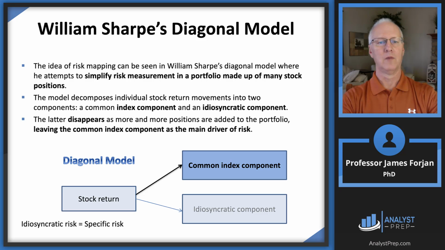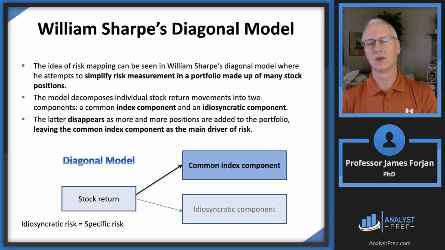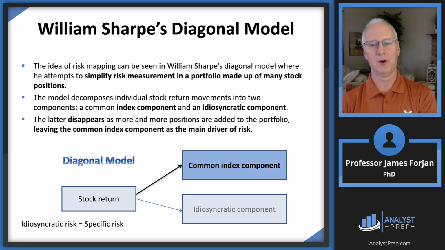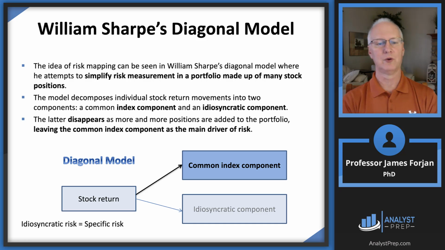So our model decomposes these returns into a common index component, maybe like the S&P 500 index for a stock portfolio, or maybe a Morgan Stanley bond portfolio index. And then an idiosyncratic component, which refers to the uniqueness, the specific risk of that particular asset and how it relates to everyone else. So really what happens is that as more and more positions are added to the portfolio, right?